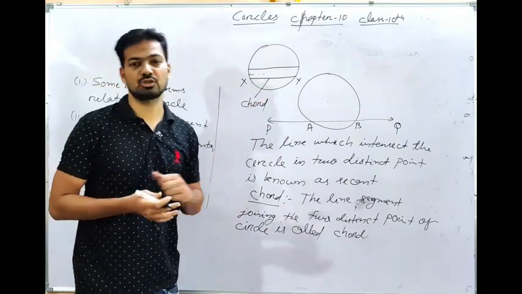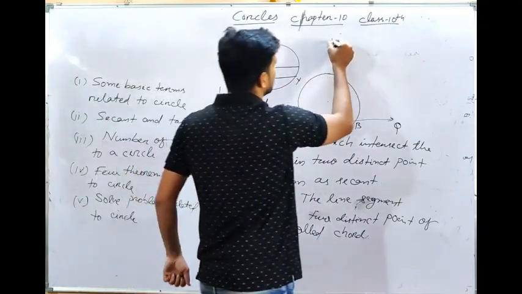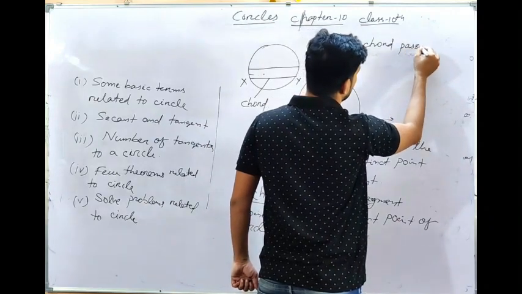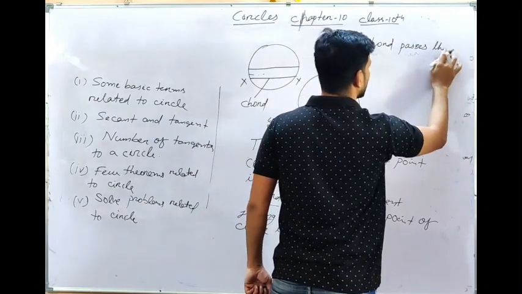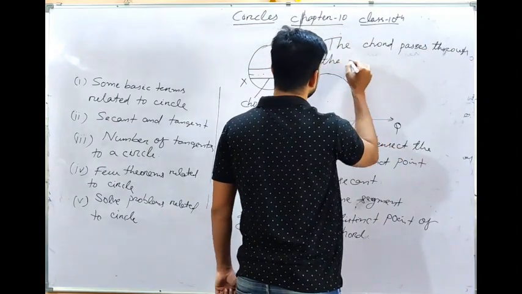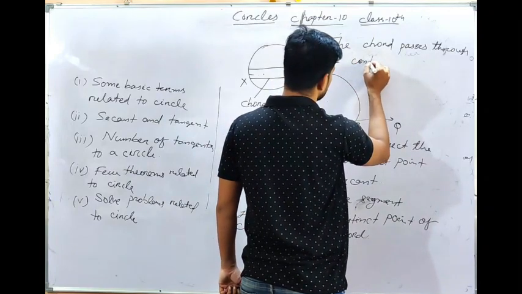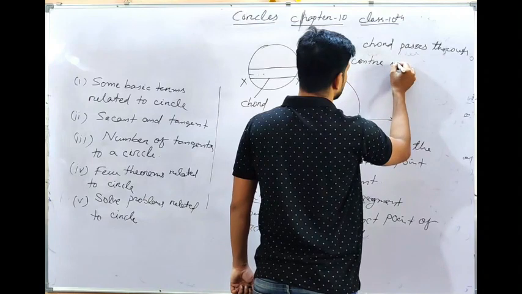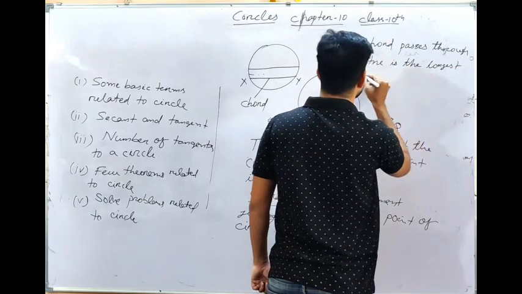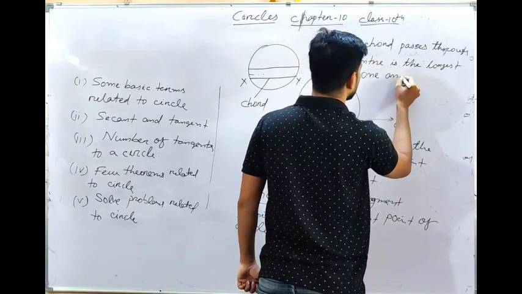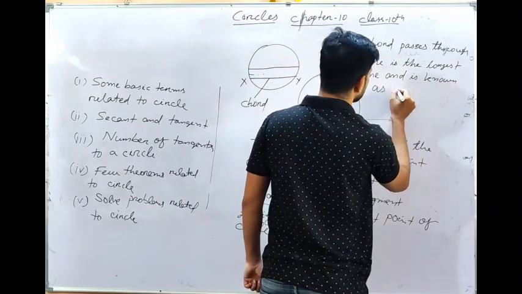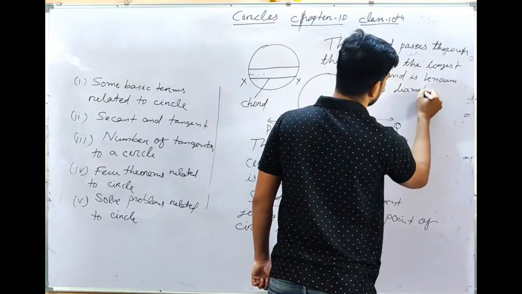The chord that passes through the center is the longest one and is known as diameter.